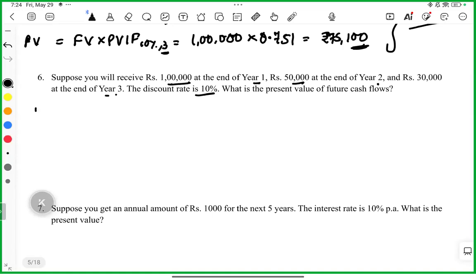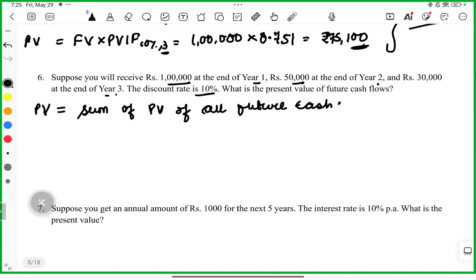So basically what you have to do is present value is nothing but I am writing sum of present value of all future cash flows. Okay, simple language. Sum of present value of all future cash flows.